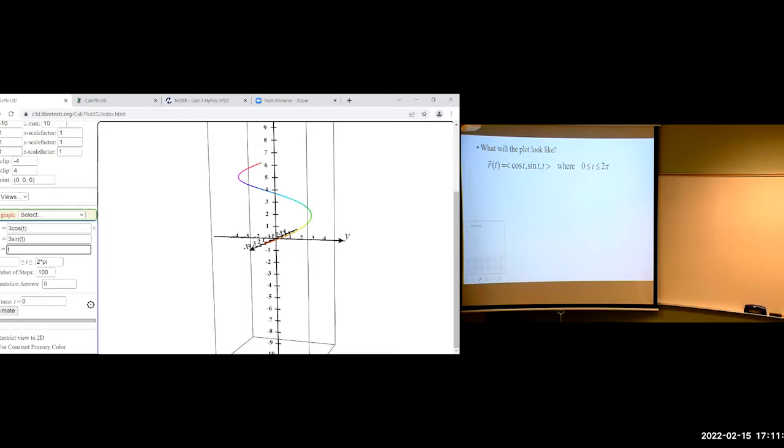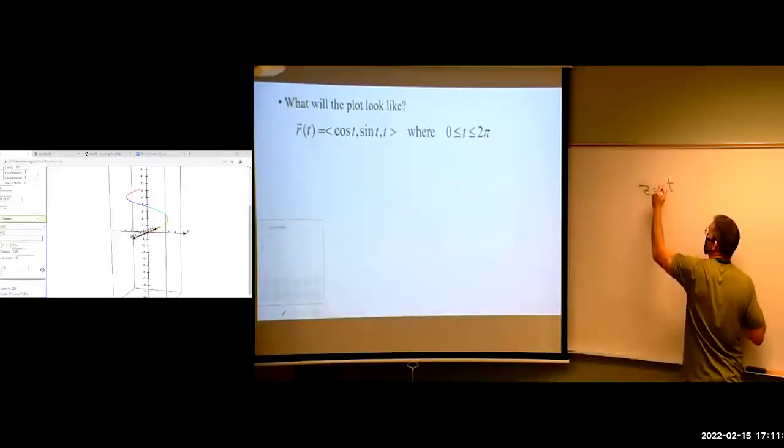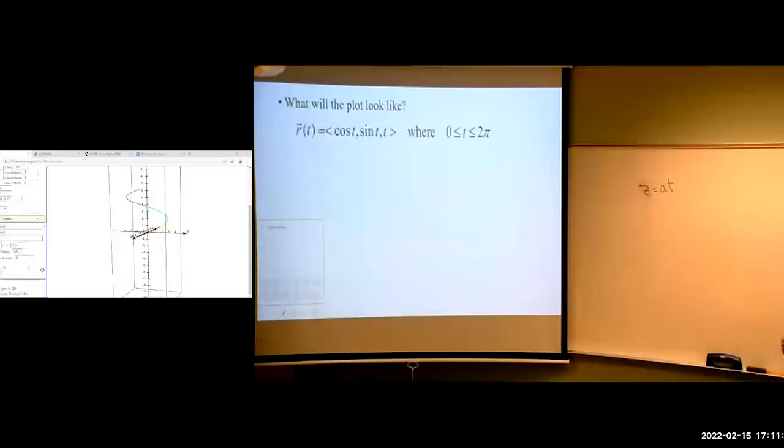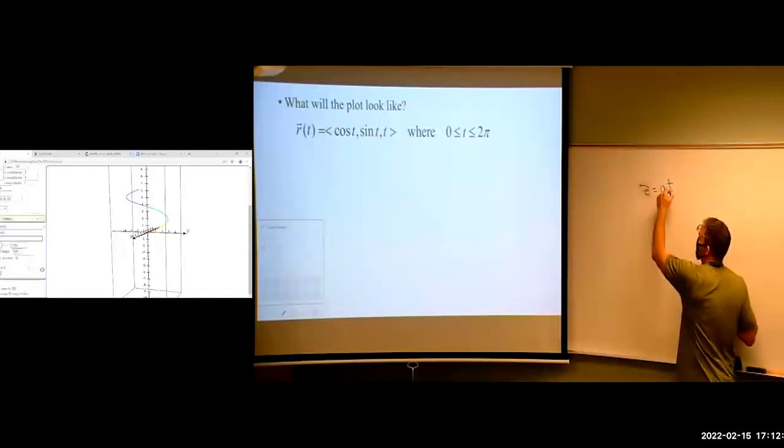We know that, so actually we'll call it z. z is equal to some parameter a times t. If we find that a, that's going to be our coefficient. Well, if we start at 0, we're fine. We want it to end at 10. So then we know that when this thing is at 2 windings, t is at 2 pi.